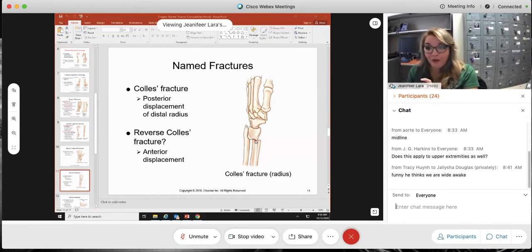It's not compound, considering it didn't break through anywhere, but it involves the radius. And so there is posterior displacement. That is the Colles. Had this radial distal end been over here, then it would have been a reverse Colles. I'm hoping that this is established.